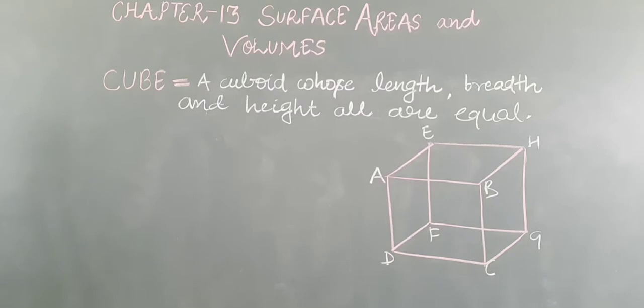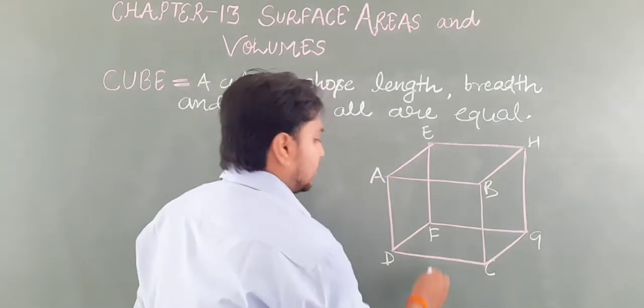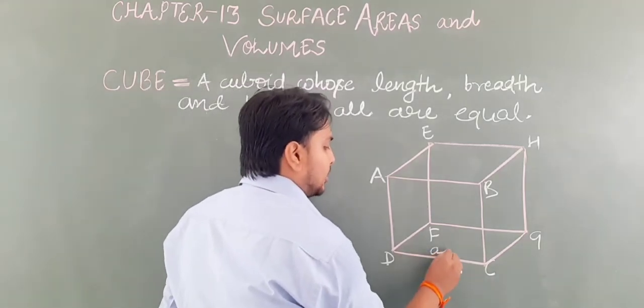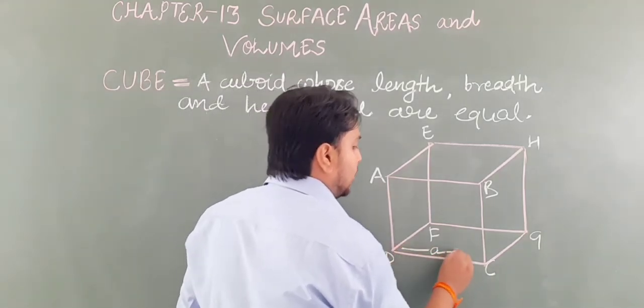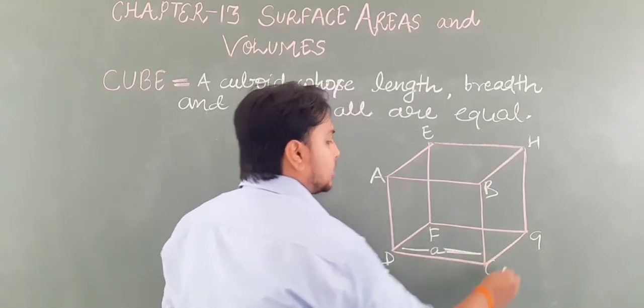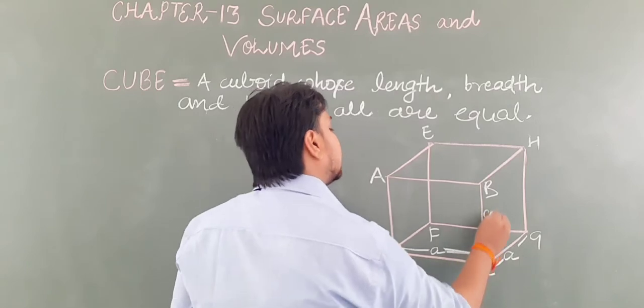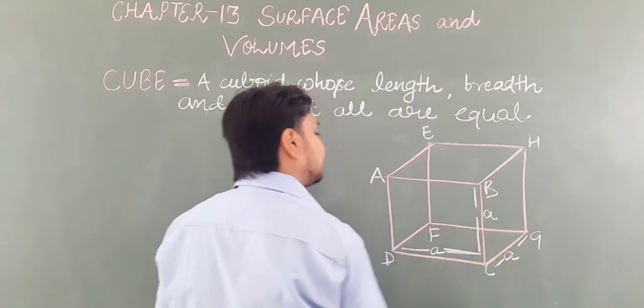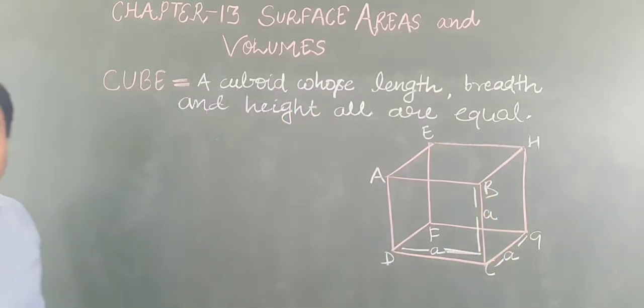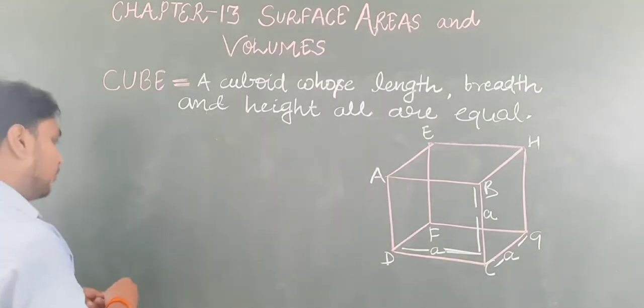So here we will see the formula directly. Students, suppose one of its edges is equal to A, then its breadth also will be equal to A, because all edges are equal. Its height is also equal to A. So in this case, what will be the volume?